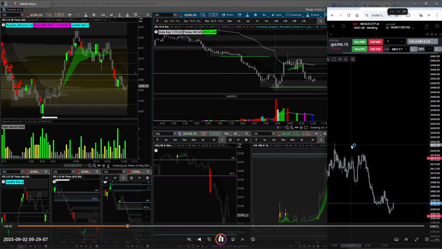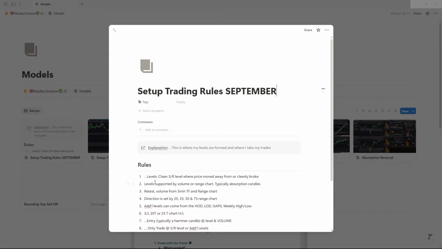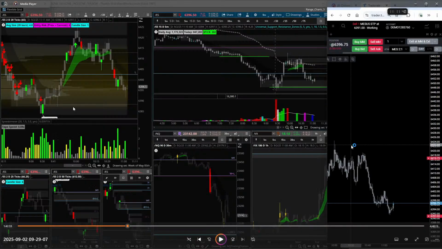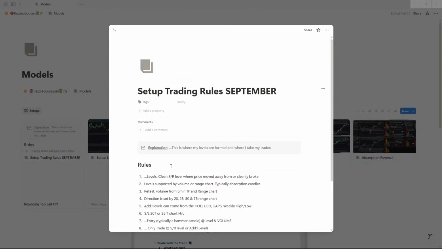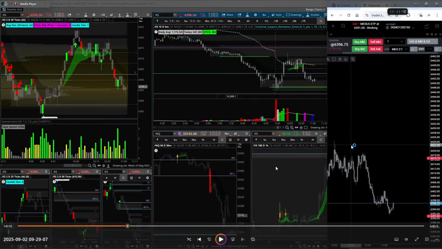So I was looking at the trade. We're gonna look for this question. So level, clean supply resistant level where price moved away from or cleanly broke. Supply resistance level, price moved away from it. Right. It was supported by volume or range chart, typically absorption candle.